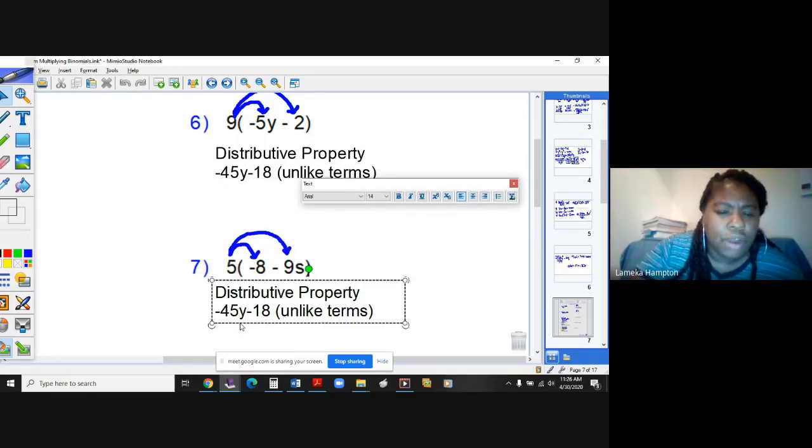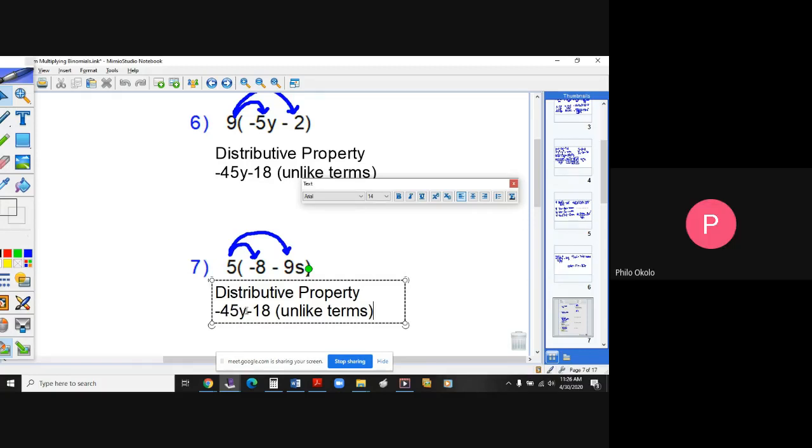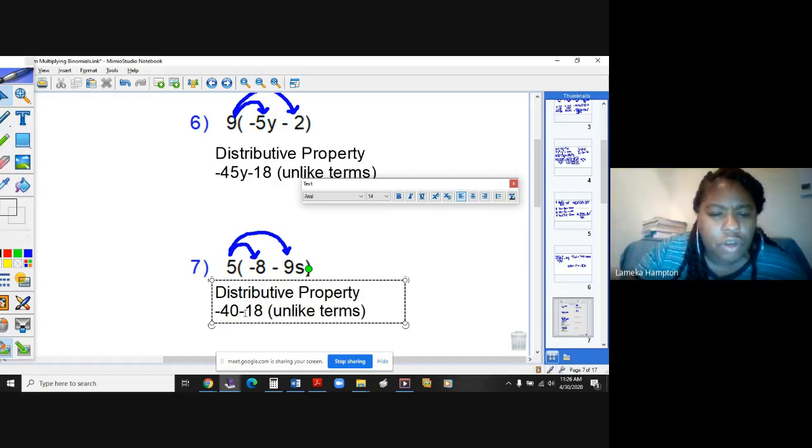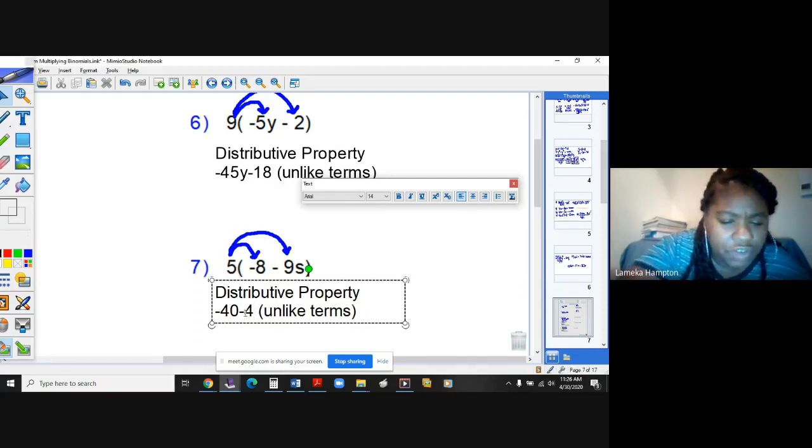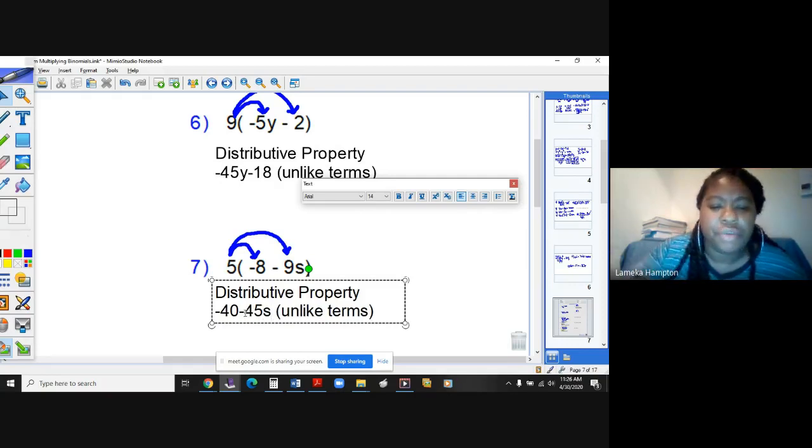So what is my answer when I do my distributive property? Negative 45x minus 40. Okay. So what I'll do is I'm going to go ahead and rewrite it.